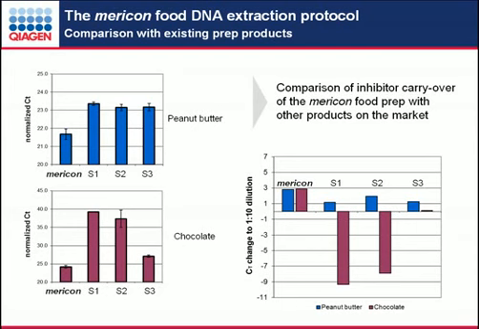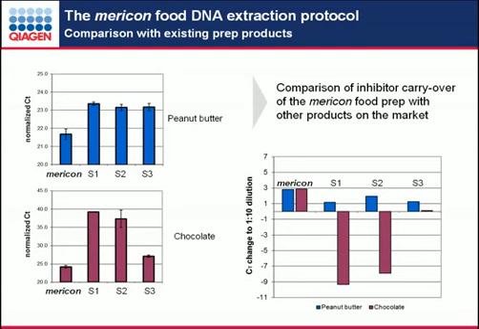We did a further study where we wanted to see what the difference was with a 1 to 10 dilution. Did we get that 3 CT shift to the right, or did we see something else happen? With the Maricon, you can see that both with chocolate and peanut butter, you have a 3 CT shift, which would be a plus shift to the right.